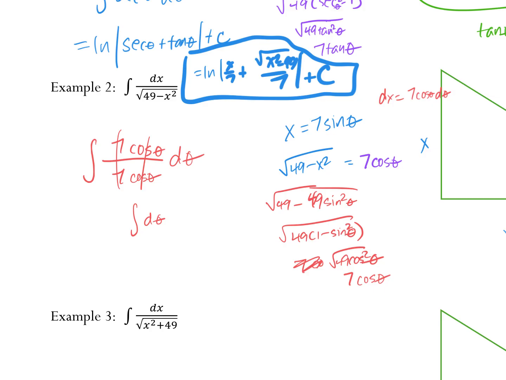What is the integral of d theta? Theta. You guys are wrong. It's theta plus c. What's the problem with doing theta plus c? I asked you guys to integrate this with respect to x. So what is theta with respect to x?